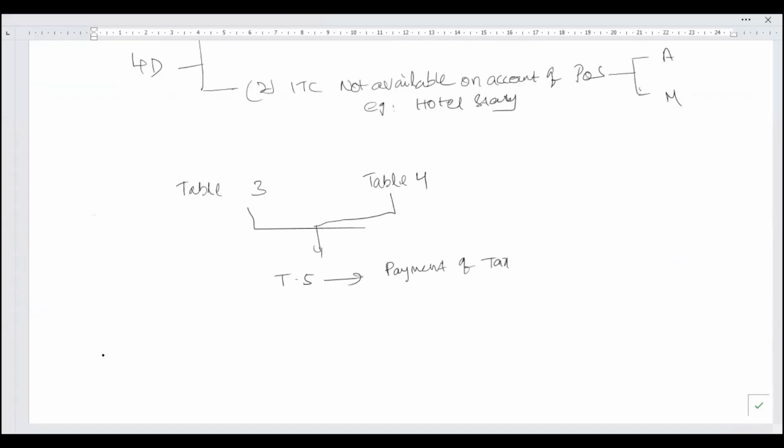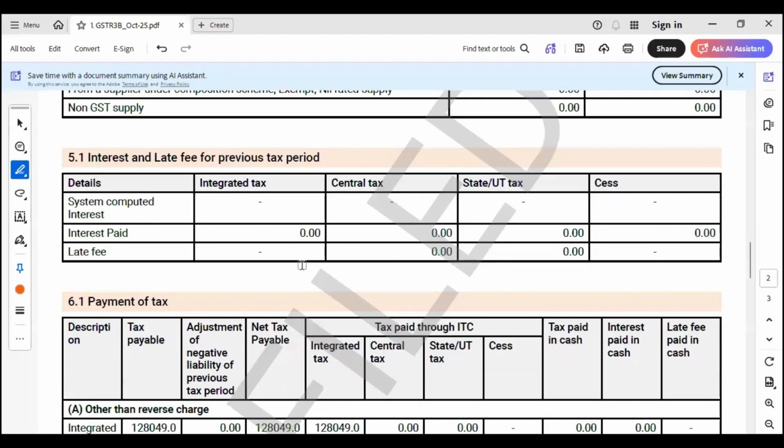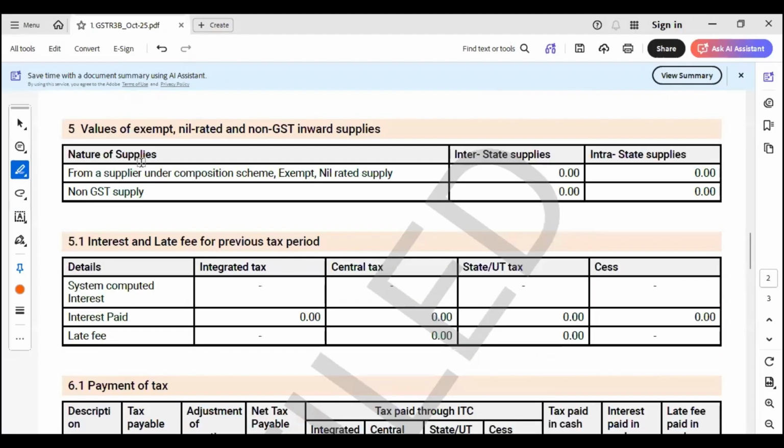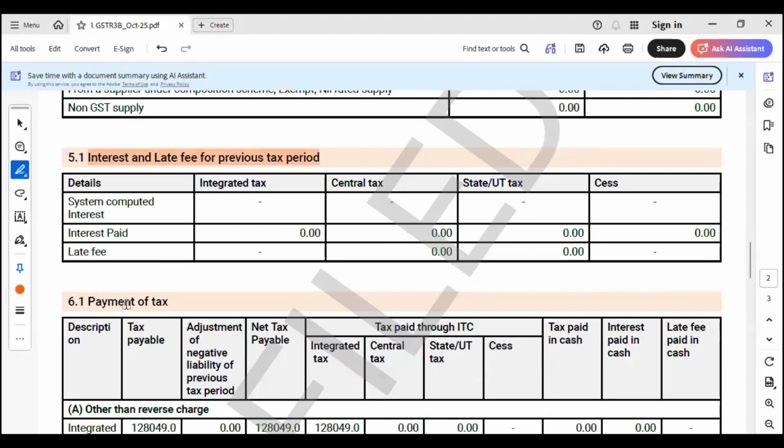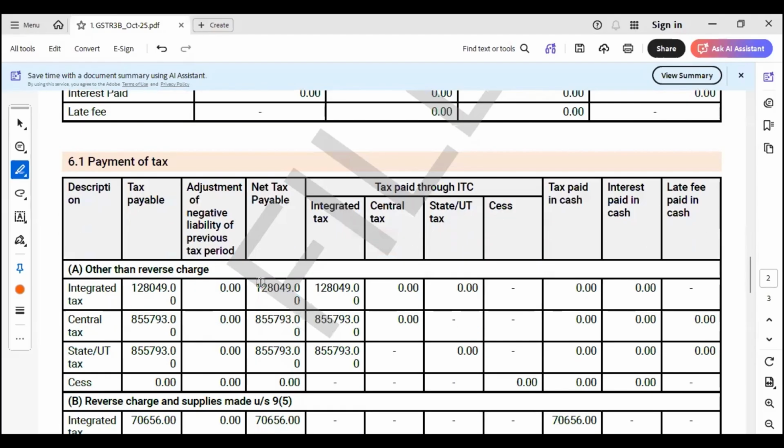Let's say that table 5 also. Table 6, it is getting summarized. Table 5 has got inward purchases, that is the purchases on account of exempt, nil rated, non-GST. And interest, late fee from the previous month is getting populated over here. 6 is where this payment is getting populated. Amount payable, which is from table 3.